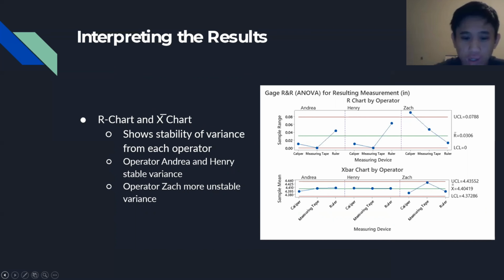Another result is the R chart and the X chart. So what these charts tell us is that they show the stability of variance from each operator. So looking at the R chart, this top chart over here, these show the range of values of each operator. And there's a lower control limit and an upper control limit.